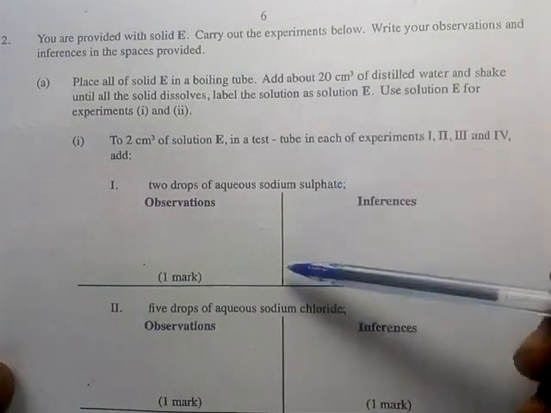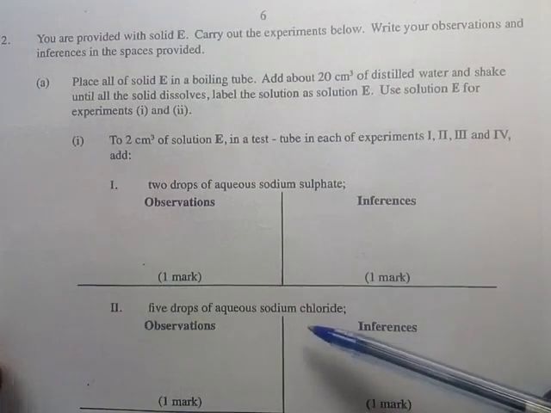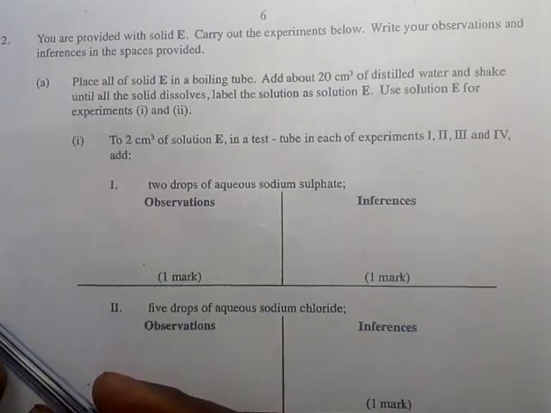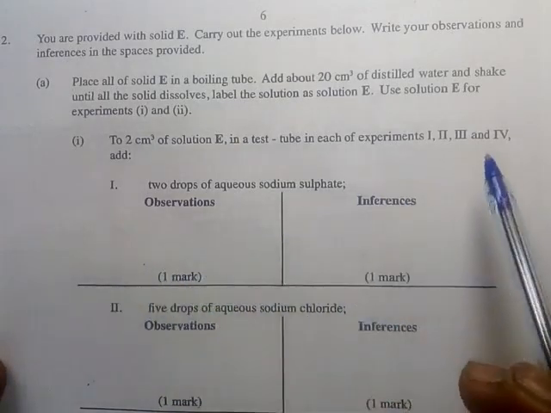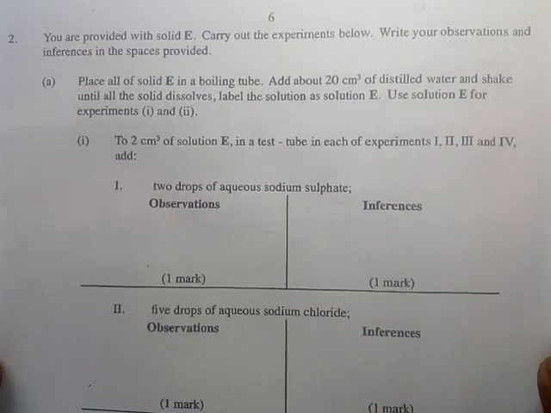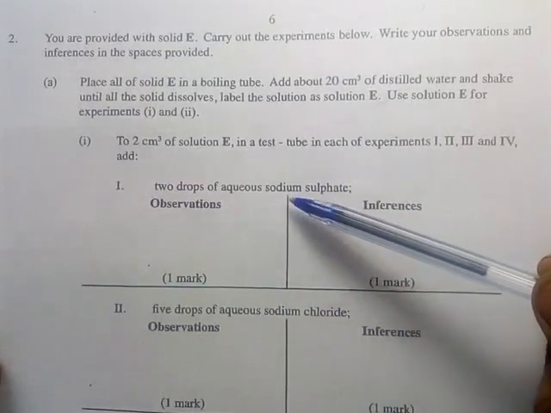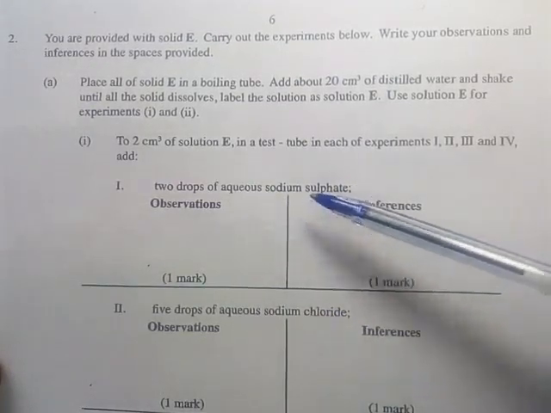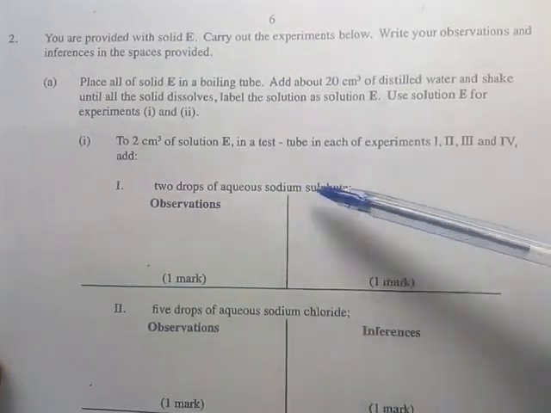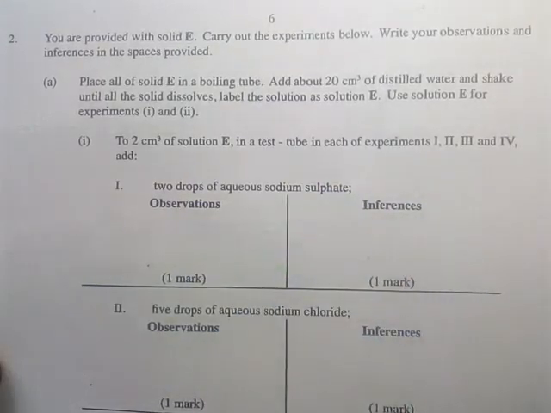The same information that you need to write here is the same, which is why I usually emphasize qualitative analysis and multi-iteration. But for the rate of reaction, it can vary, so you cannot find the exact thing that was there. But with this one, if it is sodium chloride, or aqueous sodium sulfate, the reagent will be given and the observation will be the same, or the other way around.